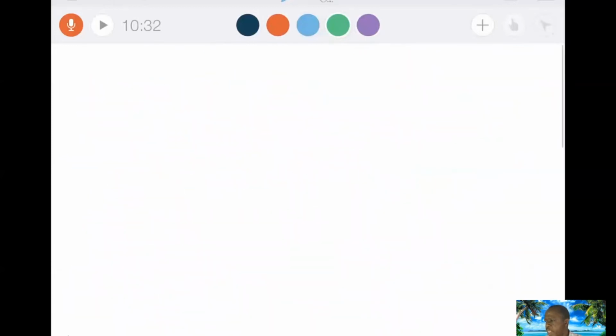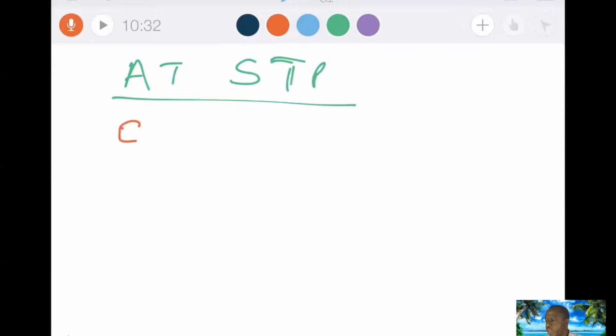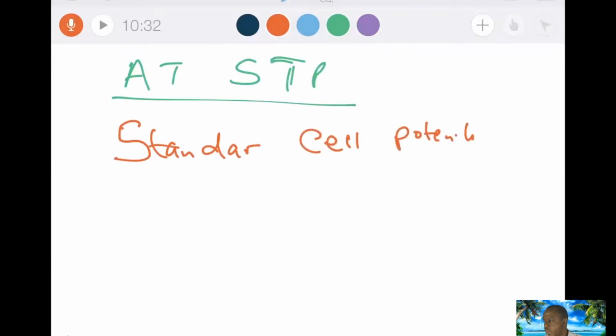Now we can calculate the voltage right here at standard state, STP. We talk about the standard cell potential, which is E°.